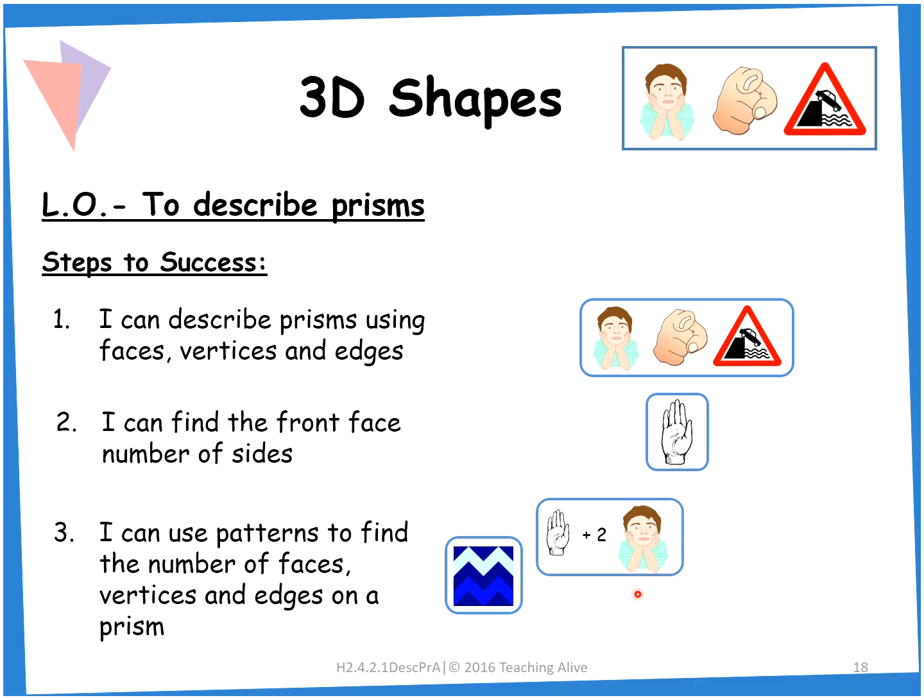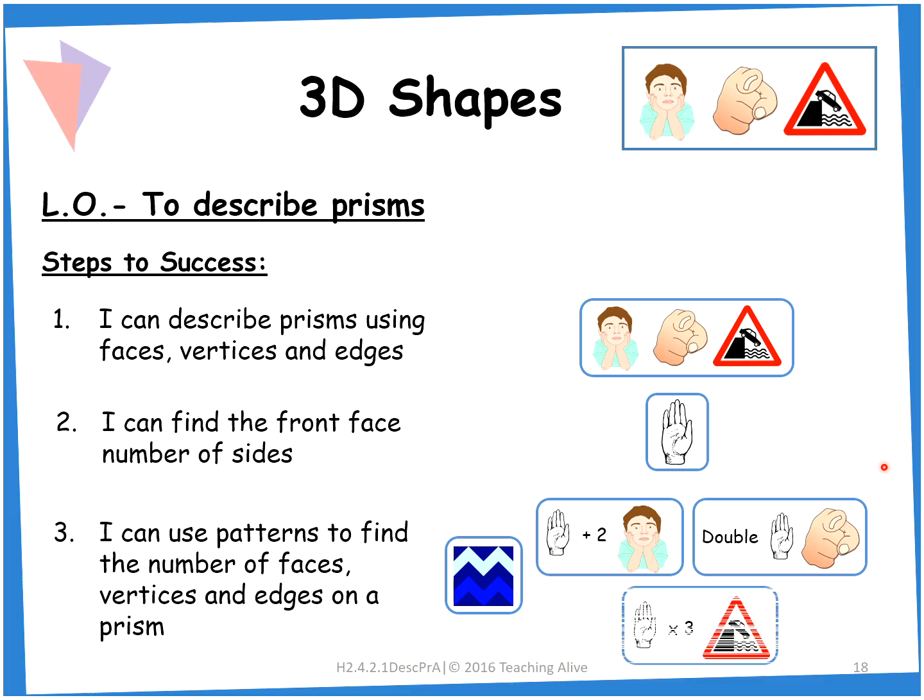So to find our faces, we look at our front face shape sides and add 2. And for vertices, we double our front face shape sides. And for edges, we multiply our front face shape sides by 3.